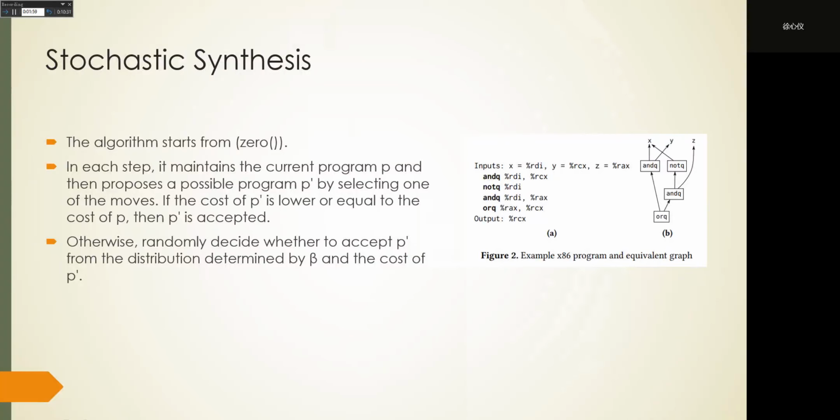But if the cost of P plus is actually larger than the cost of P, we also need to accept it at a certain rate, since sometimes, for example, you need to make a large change on the program structure. You must go to some intermediate program state with a little higher cost.